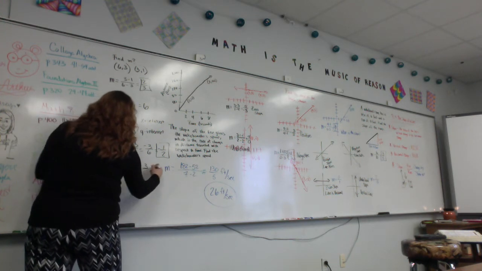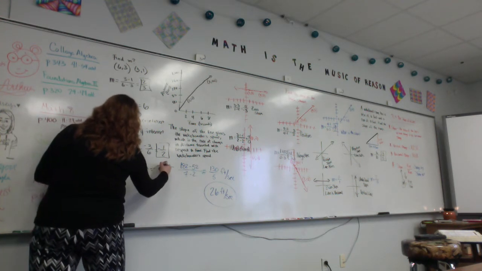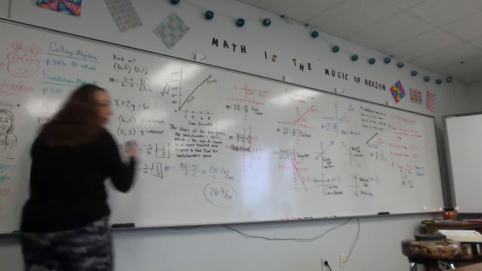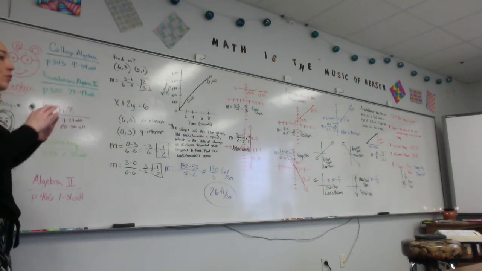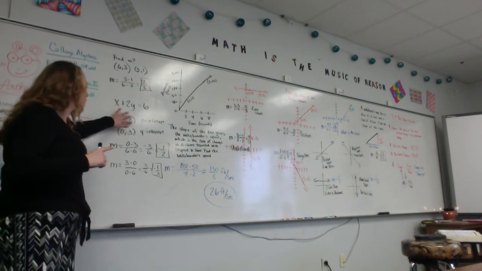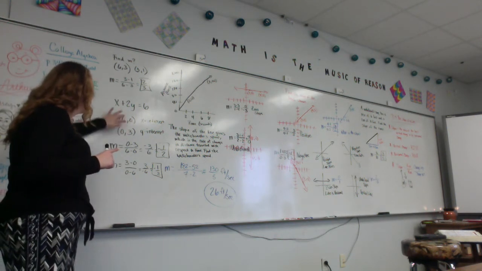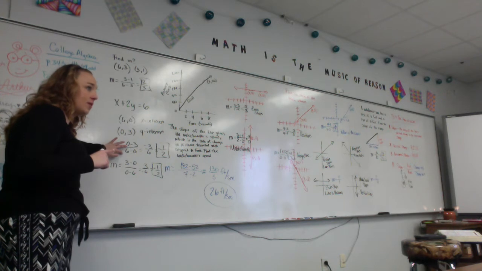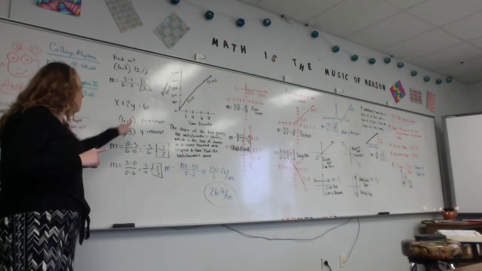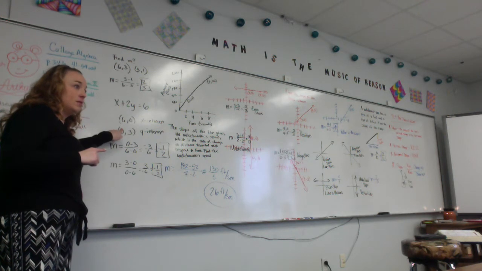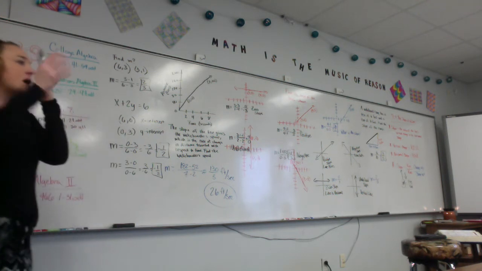I still get 3 over negative 6, which is still negative 1/2. So it doesn't matter which order you use, as long as the y listed first has its matching x listed first. The only way you will mess it up is if you put this y first and this x first. Otherwise, it doesn't matter which order you do it in.